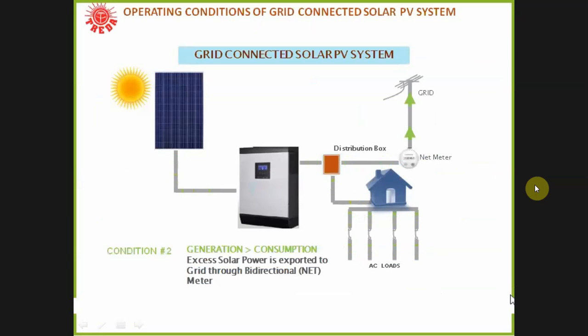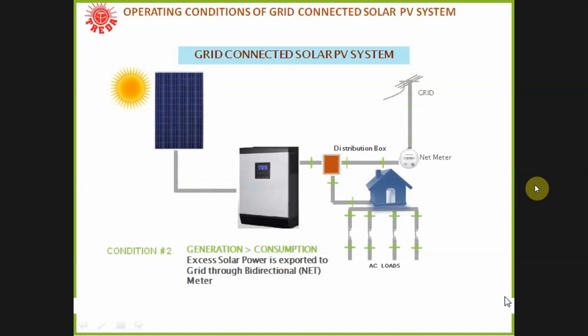This is the grid connected system. If we install this grid connected system, with the inverter and the distribution box, the power is for selling to the grid, and also power is for the AC load of our home. When the grid is not there, solar does not function in this system. But when sunlight is there, only sunlight is used, grid is not used.